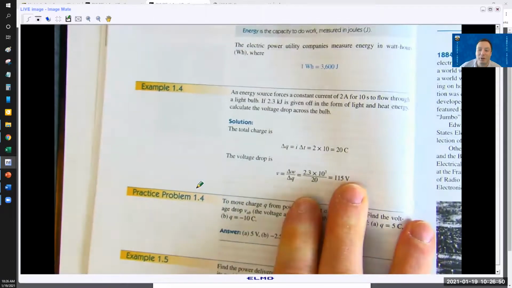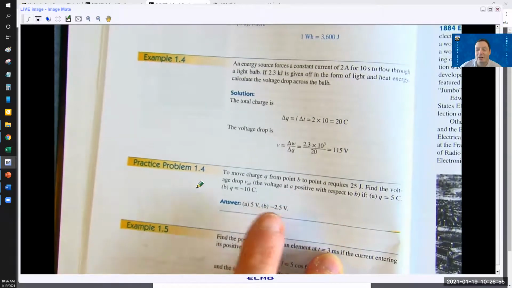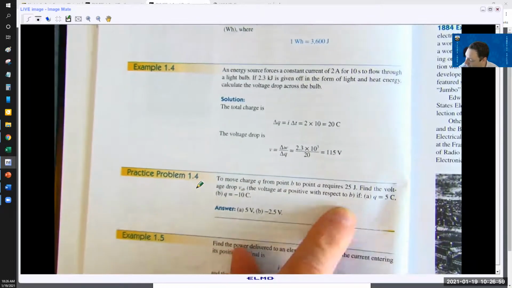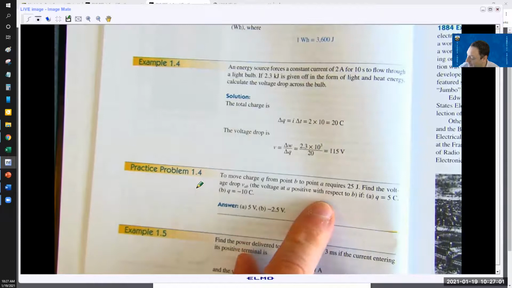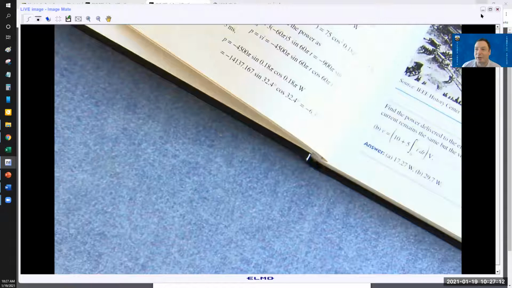I mean, this is a very brief solution. And then the practice problem. The practice problem gives you an answer. Occasionally, I'll try to remember to point them out, the practice problem I show may not have the same numbers just because there was an error somewhere. I have found errors in some of the practice problems, but that's what I'm doing when I'm covering the practice problems.